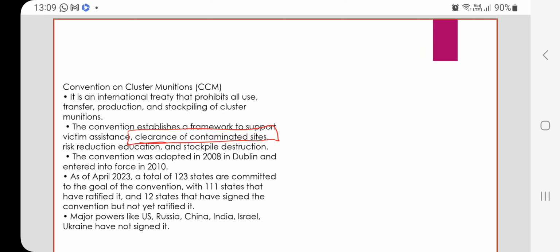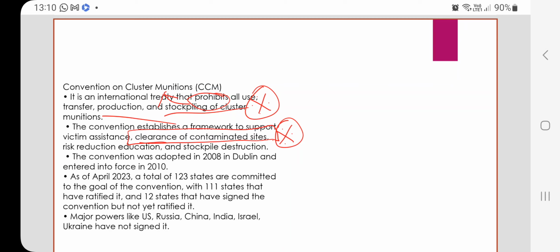And also to create awareness among the civilian population about the presence of dormant bombs in the sites, so that people don't accidentally trip on them. These are the legal commitments and legal obligations of those countries which have signed and ratified the convention.